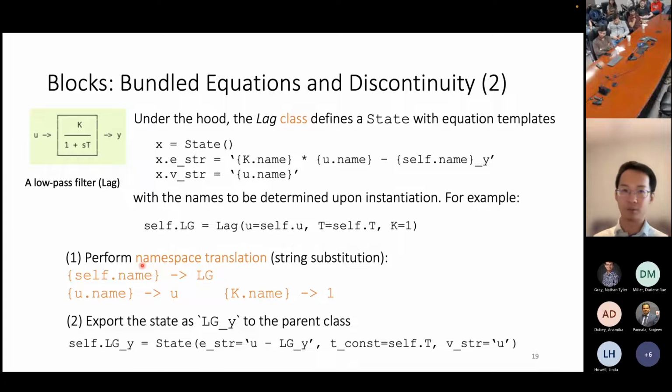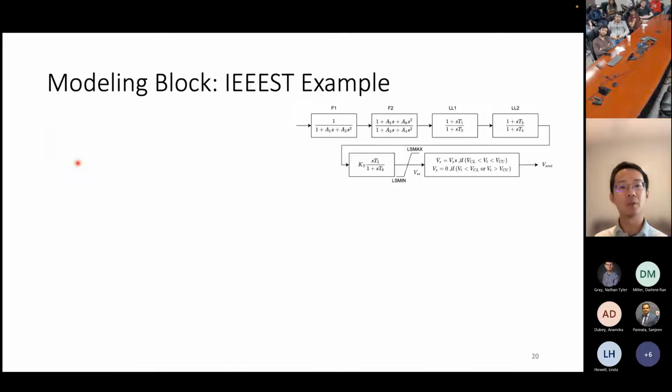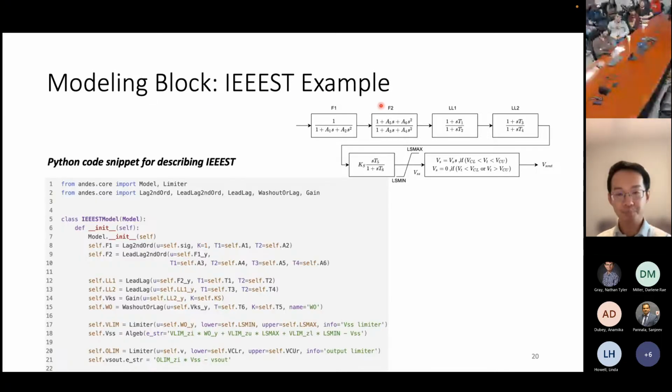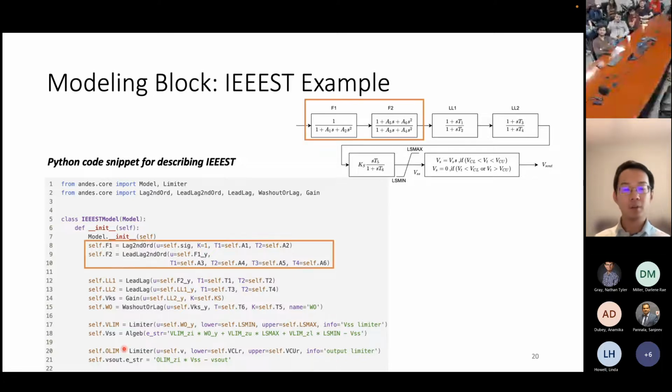We can utilize these to implement much more complex models, and this lag is just one example for illustration. So with those techniques, again, this is the IEEE stabilizer example, but now the implementation is a lot more simplified. There's just barely over 20 lines of code to implement the equations for them. So first, we just look at the model here. We have two high-order filters.